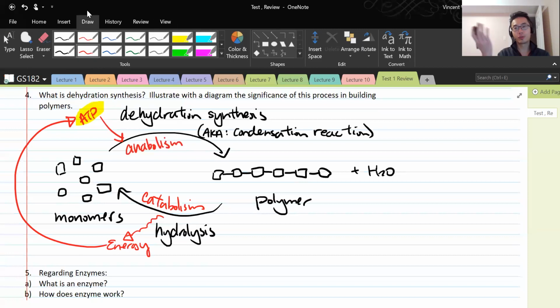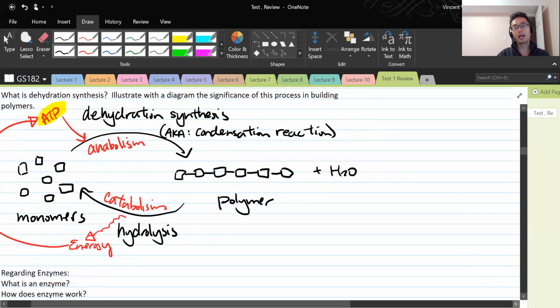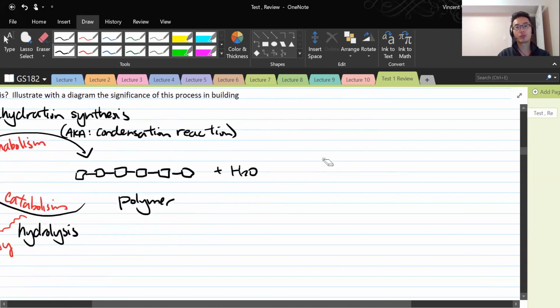Now, illustrate with a diagram. I don't know if you remember, but we did this in the tutorial for number 2, lecture 2. I give you a diagram, for example, and let's say I have something like this. You don't have to know what that is really, but there's an OH here, and maybe you're going to have another molecule here that has an OH, and I will say they come together through dehydration synthesis.